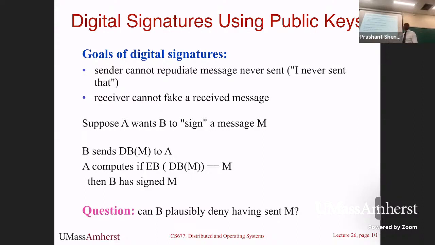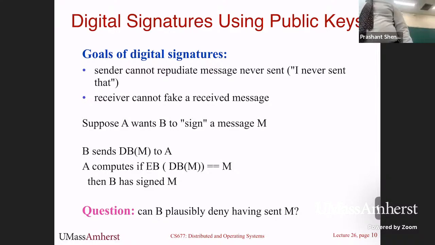So how do you do this? It's very straightforward. We can use the same idea. Bob wants to sign a message M. Bob takes his private key and simply encrypts that message with the private key. That's a signed copy of M. Now Alice can verify that Bob has signed the message because she can take Bob's public key, which is freely available, and decrypt the message.